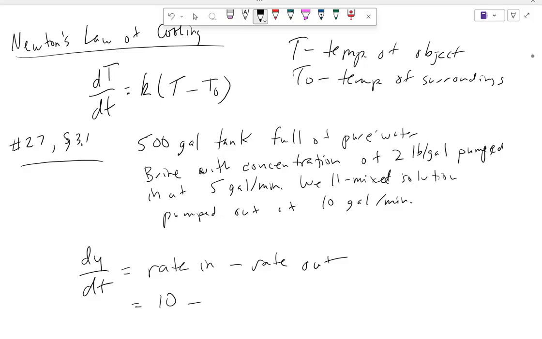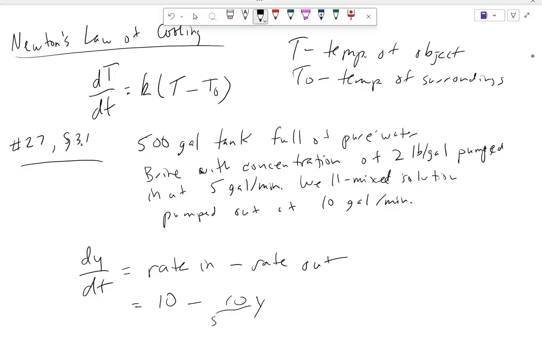Again, I'm going to do a multiplication. How much salt is in the tank at time t? I don't know that, so we denote that with y, right? And then how fast does it go out? Yeah, 10 gallons per minute, right? And there's one more piece that we need. y is the amount, but the concentration will be how much is in the tank, right?